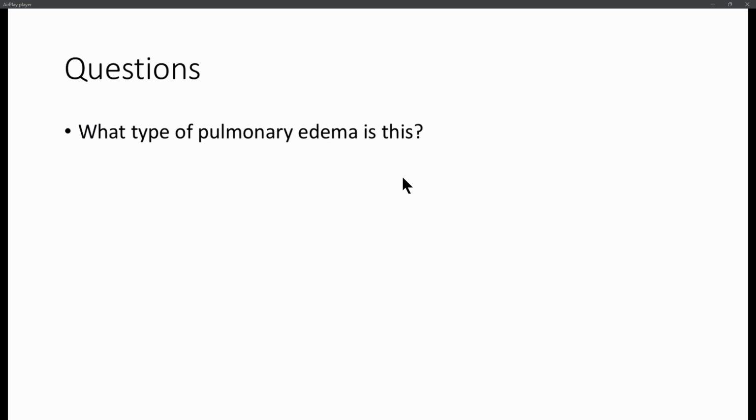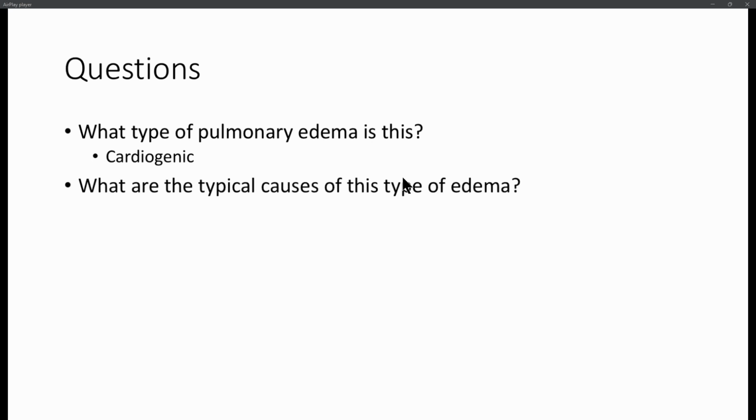So when we talk about pulmonary edema, what kind of pulmonary edema do you think this is based off of whatever the history I gave you was? I would say everything was cardiac. So it's probably a cardiac cause for the pulmonary edema, cardiogenic. What are the typical causes of this type of edema? So how do you get cardiogenic edema?